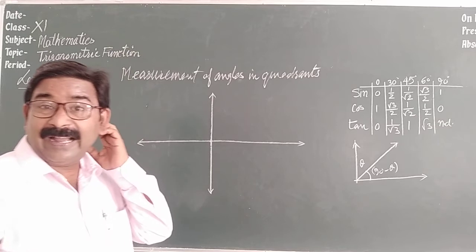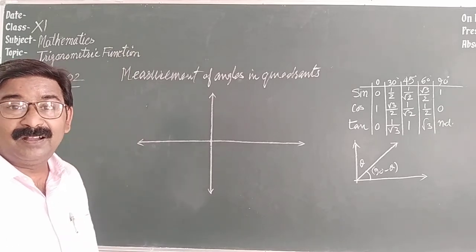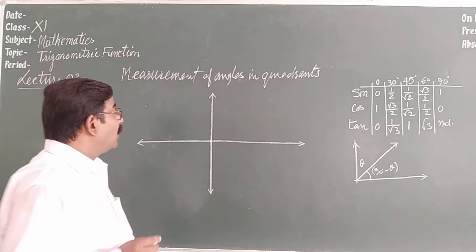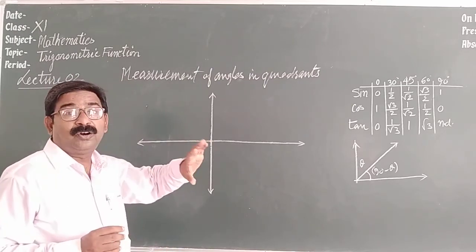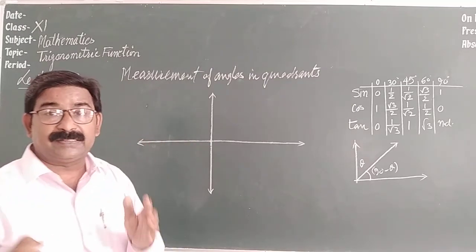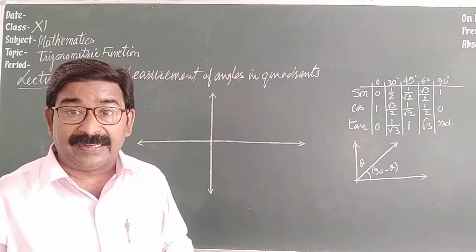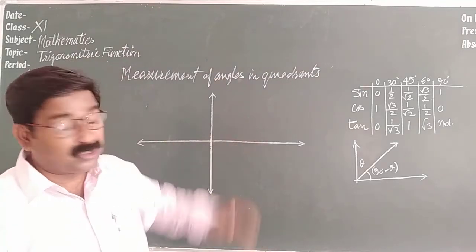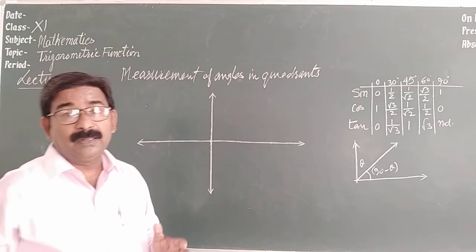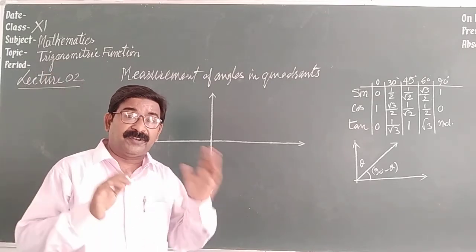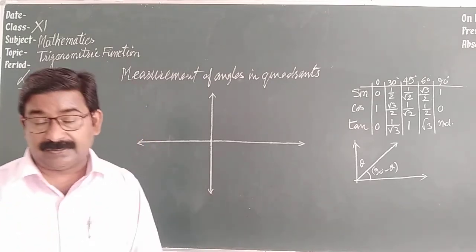So I am giving some idea about how to know the sign of the values of angles with different ratios in different quadrants.